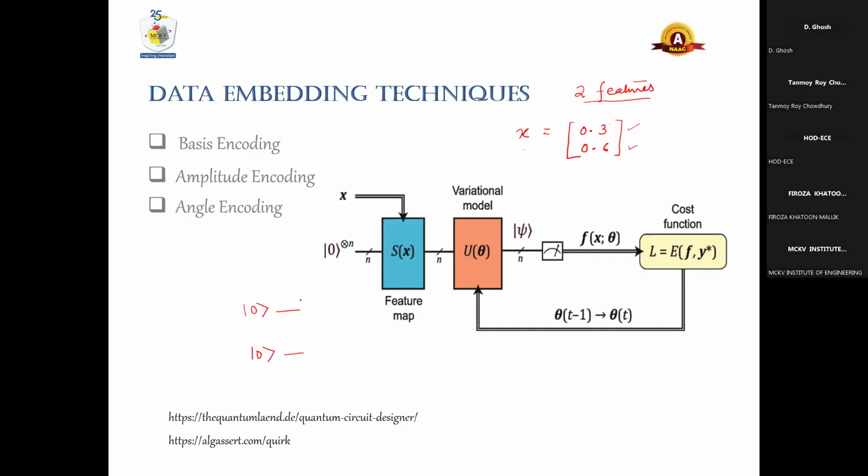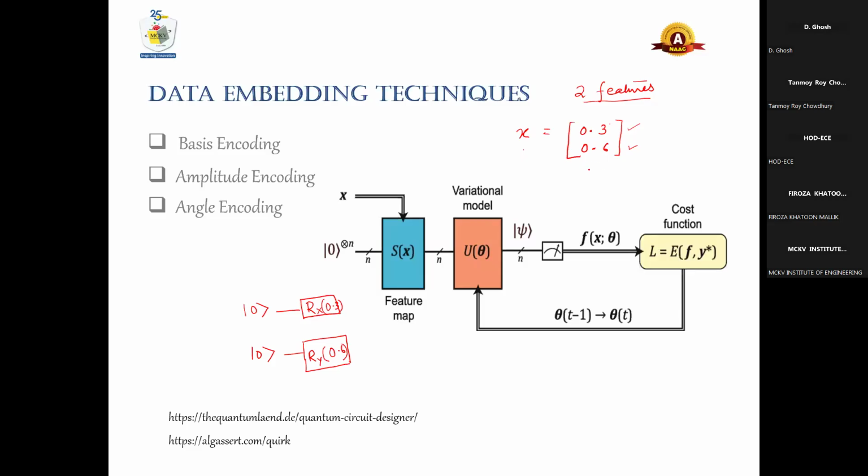Let us say you select to rotate the first qubit along the x-axis, that is the Rx matrix that I was talking about, by the amount of the first data value, 0.3. Let us say you want to rotate the second qubit along the y-axis, and the amount by which you rotate is the second data value.